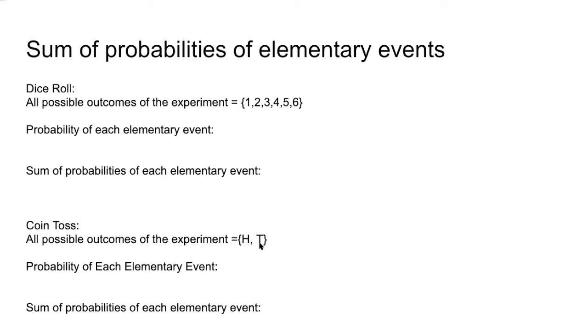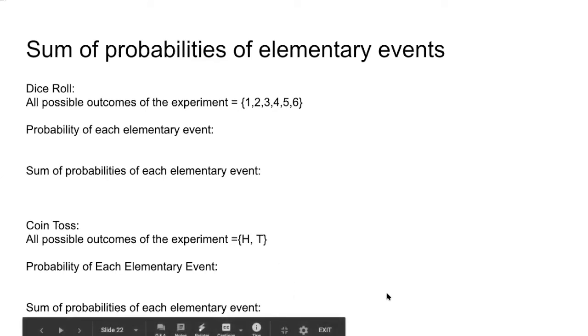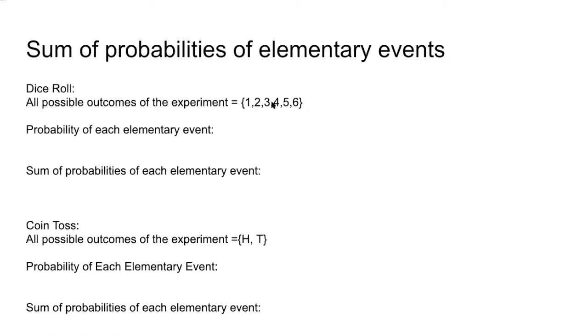When we added both of these, it came either heads or tails, and because those are the only possible outcomes, again it is a sure event, because we are sure that when we toss a coin, either heads will come or tails will come. Correct, no? So that's why again the probability we got is 1. So this you have to understand. Whenever we write all possible outcomes of the experiment and add all these individual elementary events for each outcome, it will become 1.